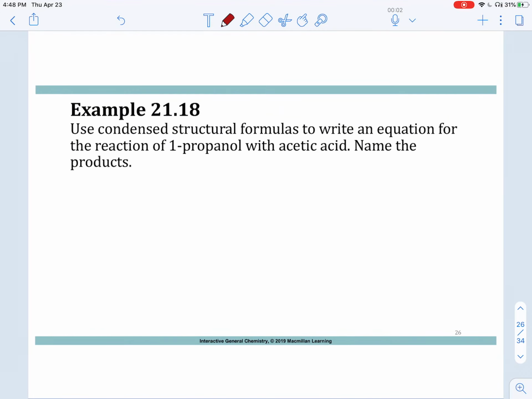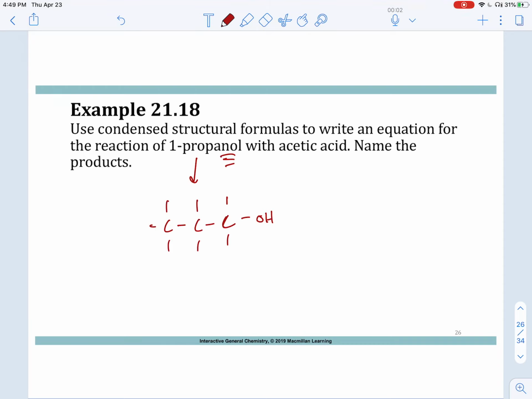So it says use condensed structural formulas to write an equation for the reaction of 1-propanol with acetic acid. So first of all, let's think about what this is asking us. 1-propanol and acetic acid. So what is 1-propanol? Prop, we need a 3-carbon chain. Anol means we have an alcohol, and it means at the 1 position, we have an OH group.